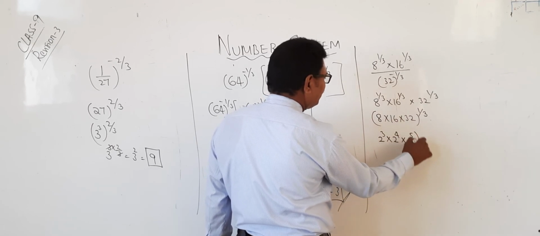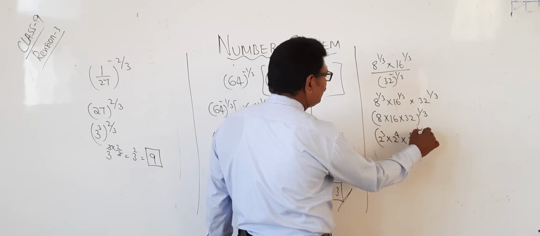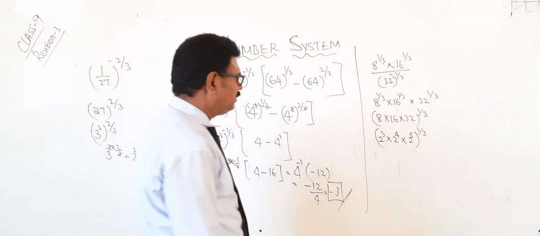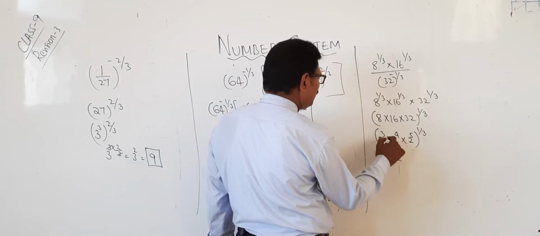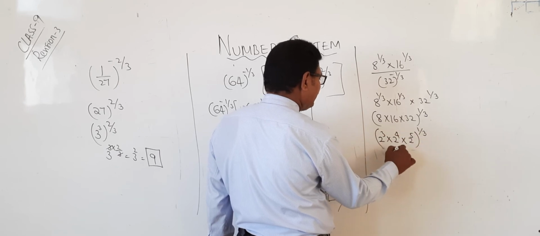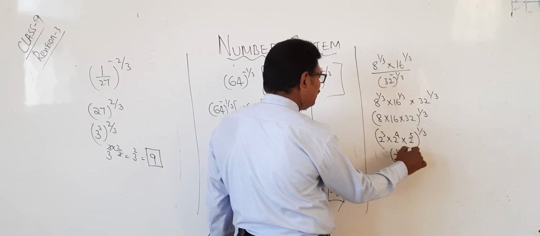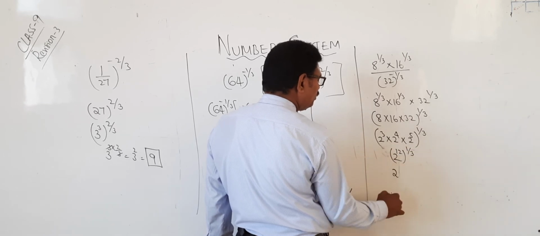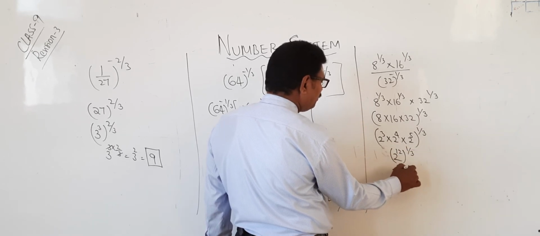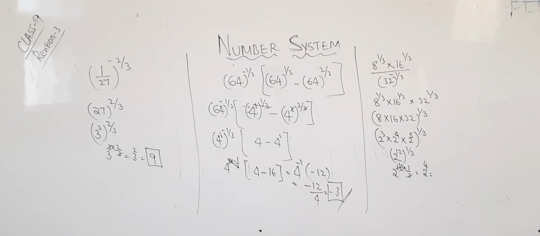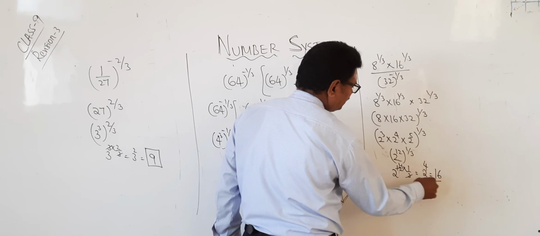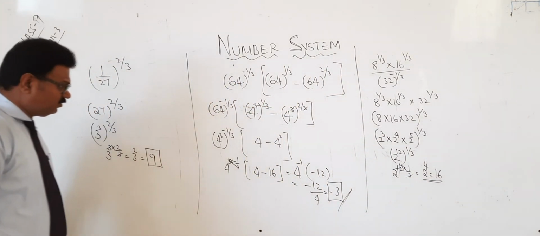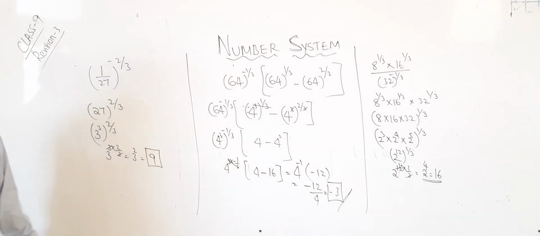Here 2 to the power of 5 divided by 1 to the power of 3. Okay na? Now you can write 2 to the power of 3 plus 4 is 7, 7 plus 5 is 12, to the power of 1 by 3. Therefore 2 to the power of 12 into 1 by 3, 3 1 ja, 3 4 ja. Yes, 2 to the power of 4, 2 to the power of 4 means answer is 16 like this. Okay na? So like this problems we can do very simply.